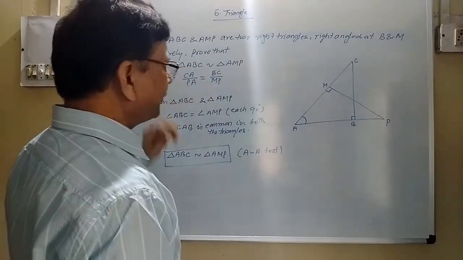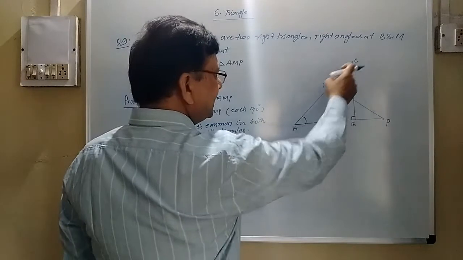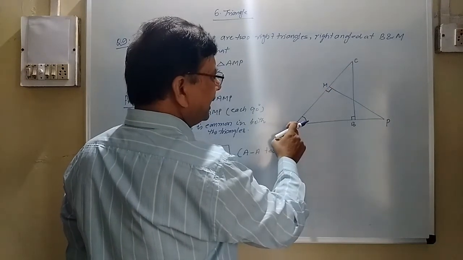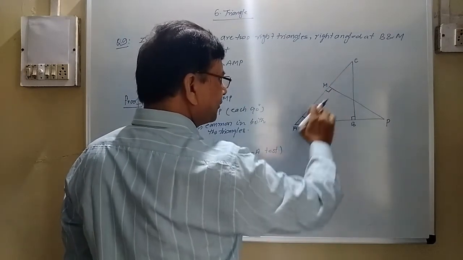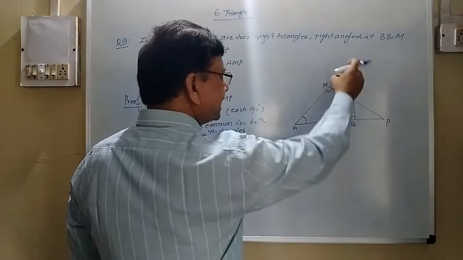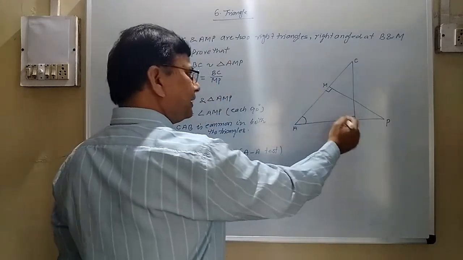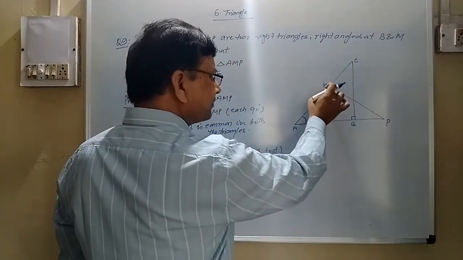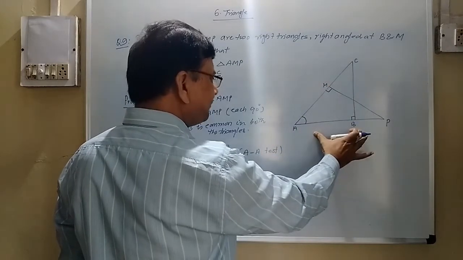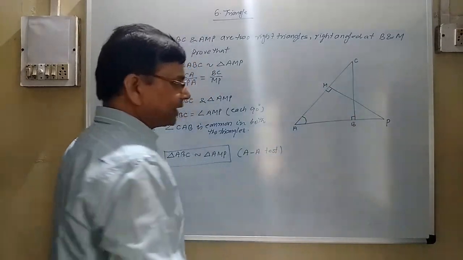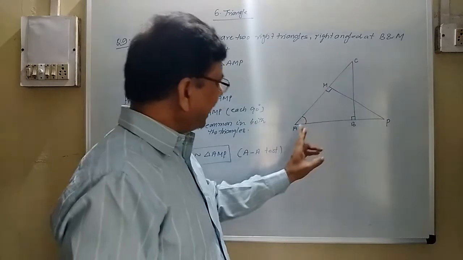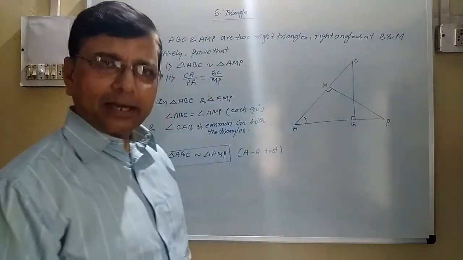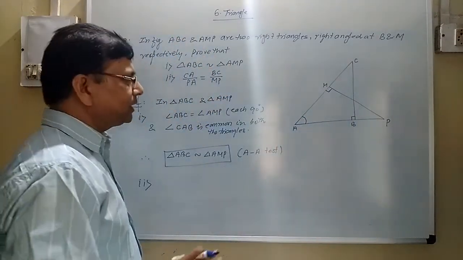CA upon PA: CA is the side of triangle ABC in front of 90 degrees, and in front of this 90 degrees, the side is AP. So AC and AP are the corresponding sides of these two triangles.